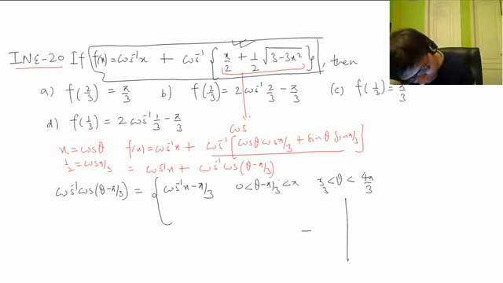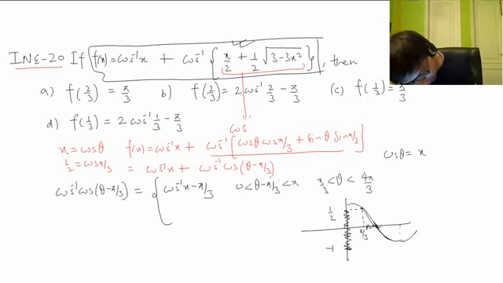So correspondingly, if you see the graph of cos, since we have cos theta equal to x, we have to see cos theta. If theta is from pi by 3 to 4 pi by 3, the corresponding values go from minus 1 to half.